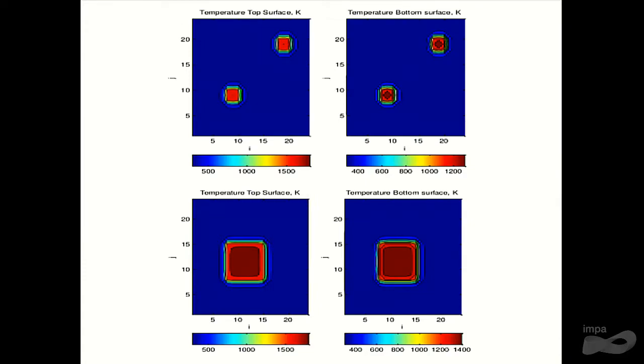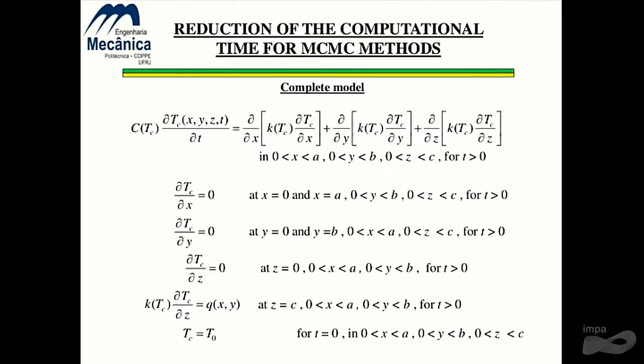But what I'm showing you is that from the top to the bottom surface there are almost 300 Kelvin temperature difference. So this means that we cannot directly apply a lumped model, and so we have a complete three-dimensional model.